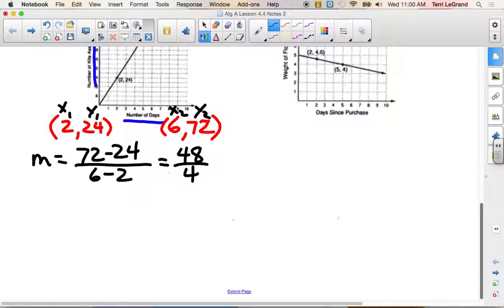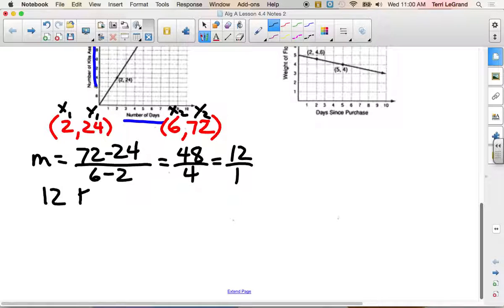Okay, does that simplify? Yes. Doesn't 4 go into 48 12 times? So this is really the same as 12 over, and we're going to put that 1 there, because remember how we just found out that that 1 kind of helps us out? So when we can simplify it to an integer or a whole number, we're going to put it over 1, because now we're going to say that's 12 what?